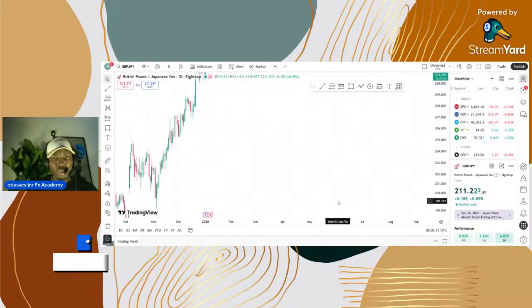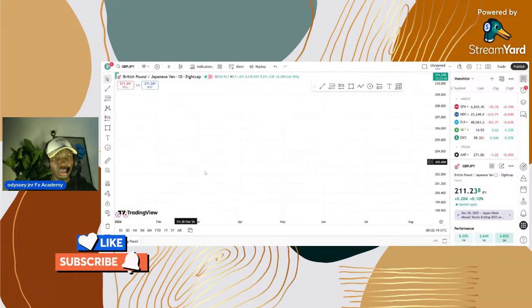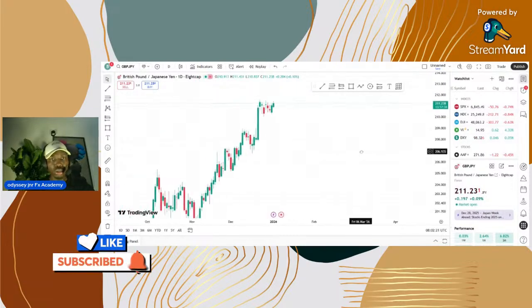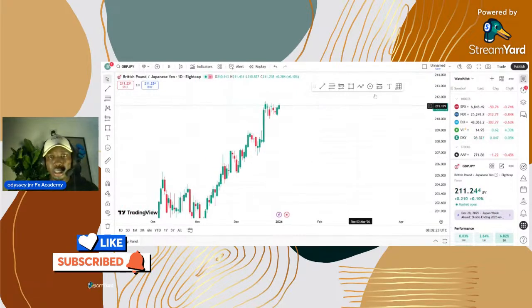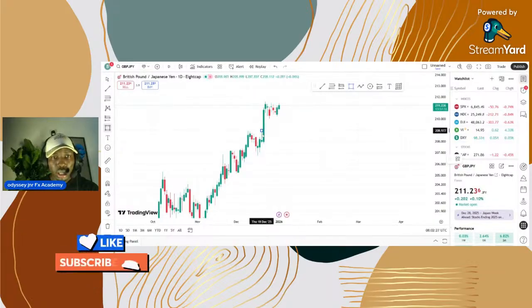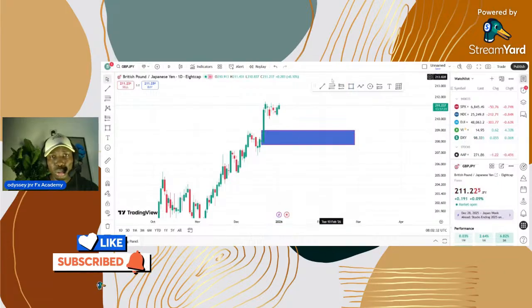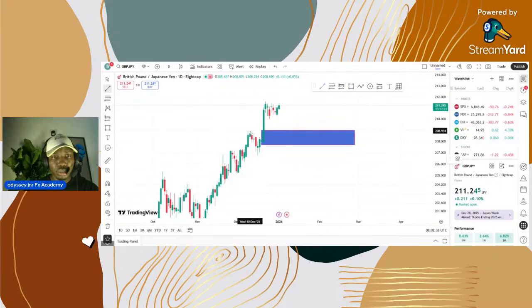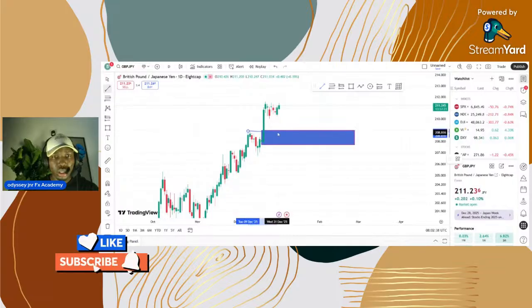It's clear that this market is bullish. We are bullish, and then this order block led to this break of structure. We have this recent break of structure here, and this recent break of structure here.